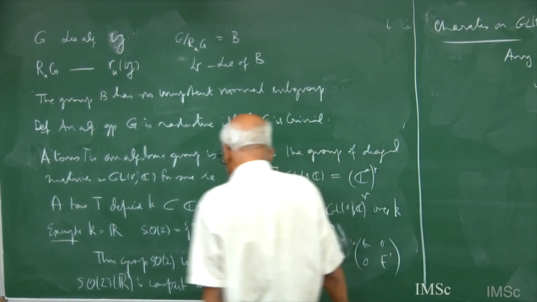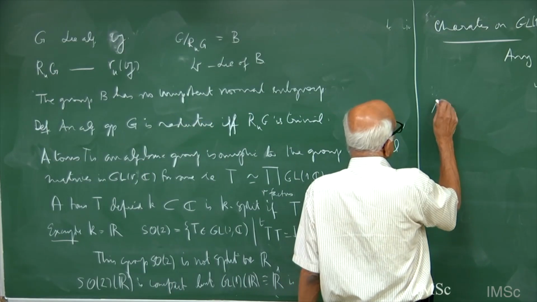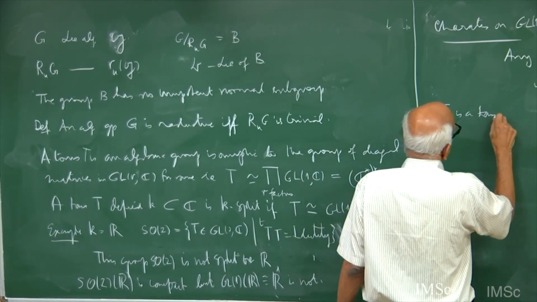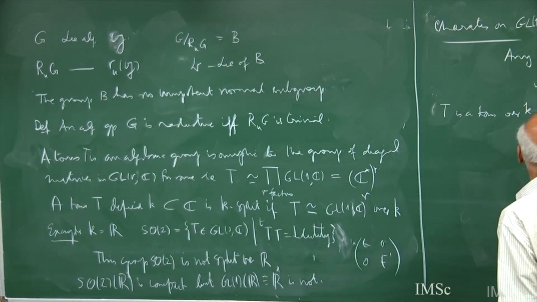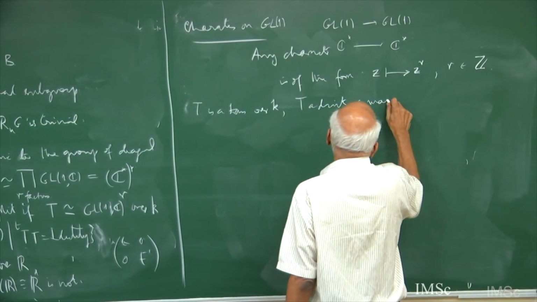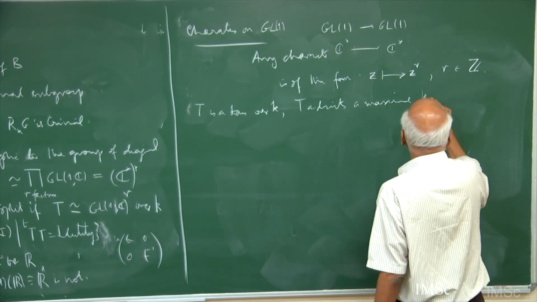So, if T is a torus over K, T admits a maximal K split subtorus.